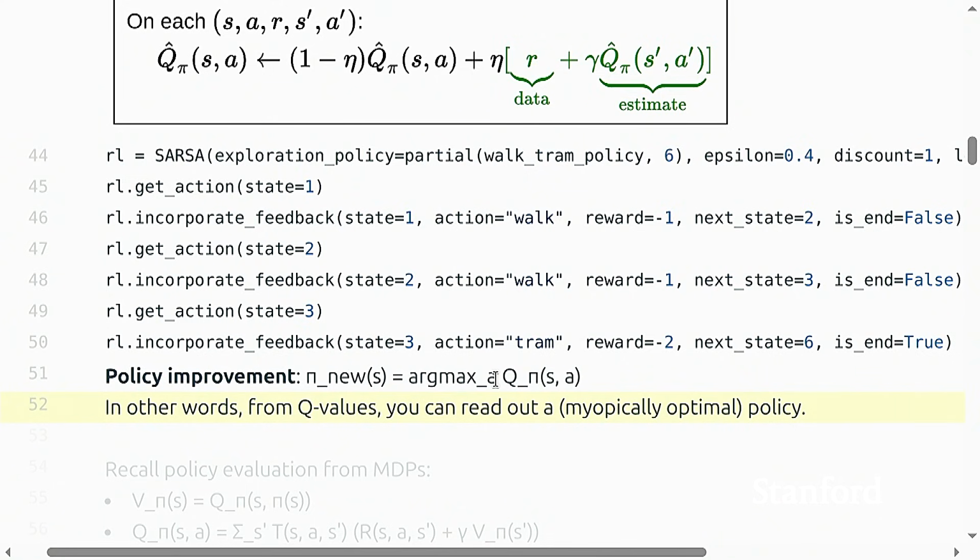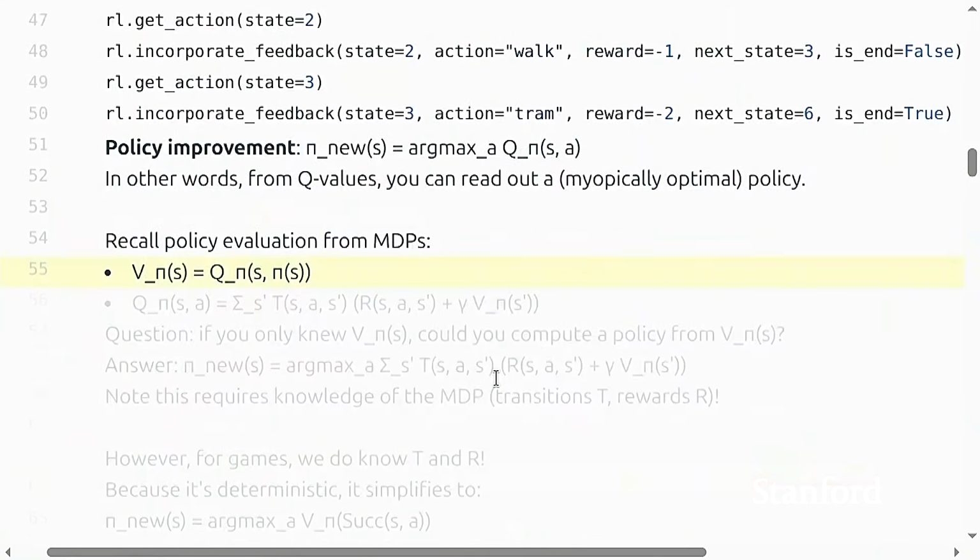So now I'm going to invoke another thing. We looked at policy evaluation from MDPs. So remember, in MDPs, you get the transitions and the rewards, and you know how the world works. In reinforcement learning, you don't. So in MDPs, we have this set of equations. We define the value of a policy to be simply the Q value of S and the action given by that policy.